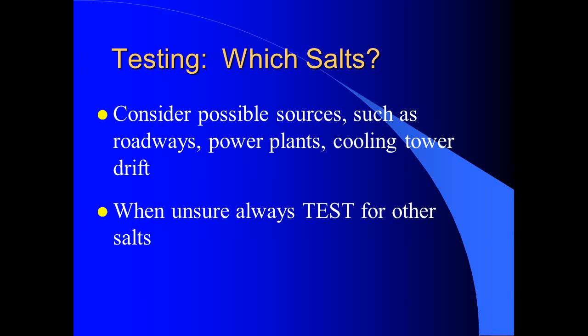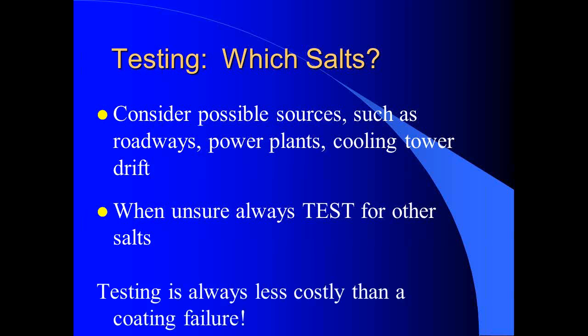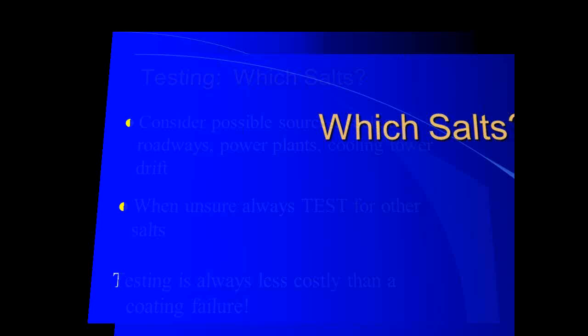Have you got a big industrial complex where they're using a lot of chemicals? There are numerous sources, so you always have to consider the sources. But when you are not sure, always test for the other salts. Testing is always less costly than a coating failure. Coating failures are unbelievably costly.